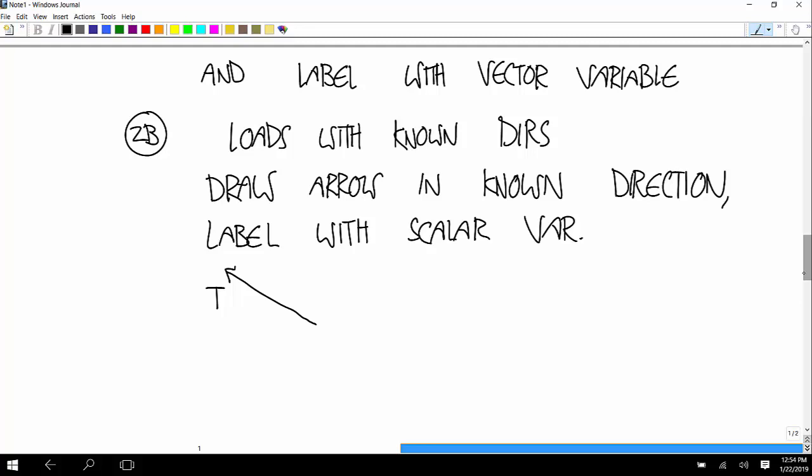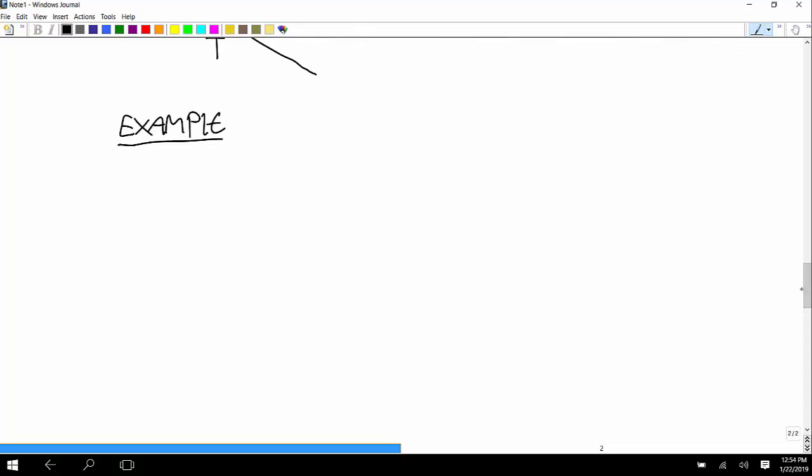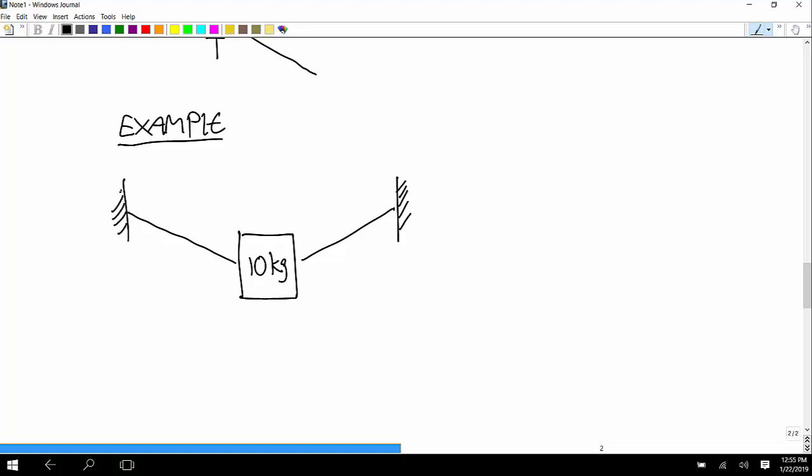So let's just do a particle statics problem. Let's say that there is a mass of 10 kilograms, and it's connected to two walls by cables.